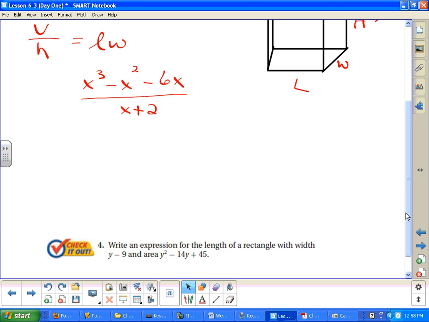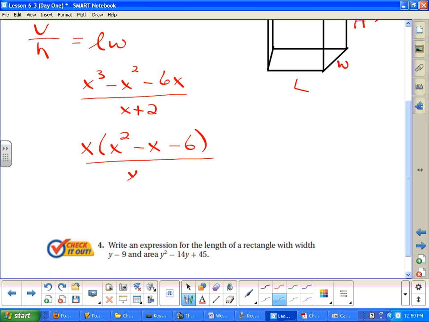All right, first of all, when we're factoring, what's the first thing we look for? Something they have in common, okay? So looking at the numerator, do they have anything in common? X, okay? So I can take that x out. So we have x times x squared minus x minus 6. So then can I factor this quadratic?